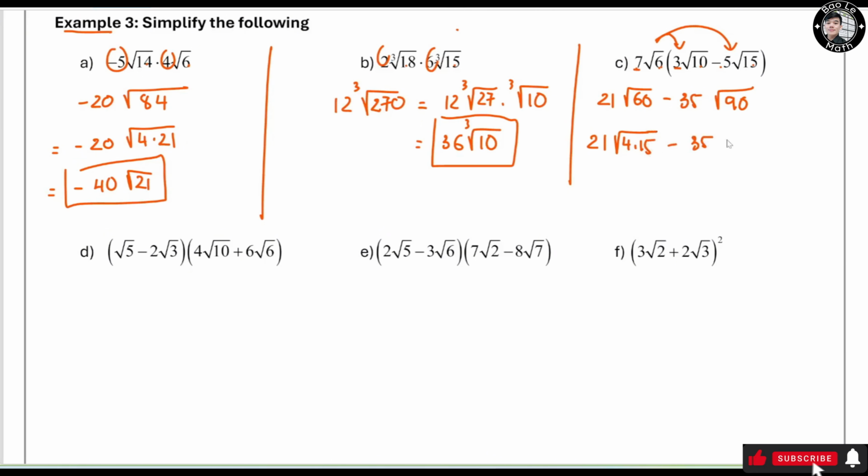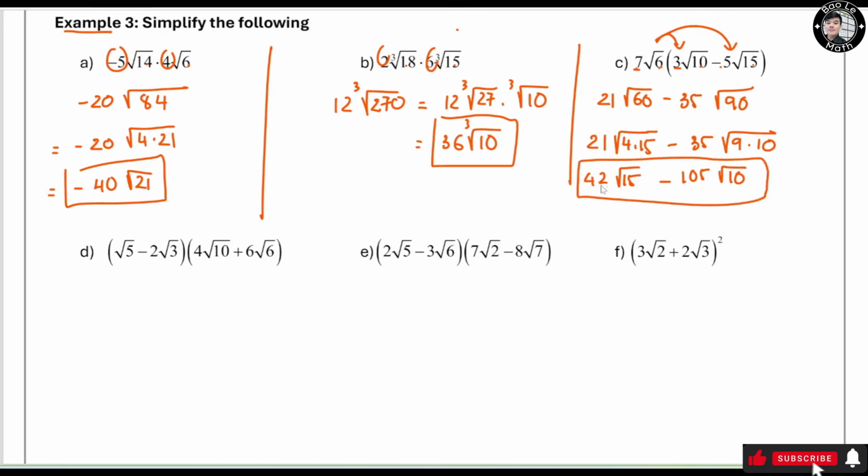Minus 35. Root 90 can be written as 9 times 10, right? Now, 4 you can bring outside, it can be 2, right? So we'll have 42 root 15 minus 9, bring it outside, it could be 3, right? So 3 times 35 is going to be 105 root 10. This one is the final answer.